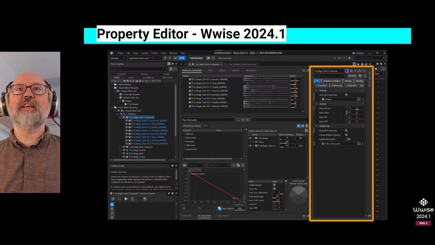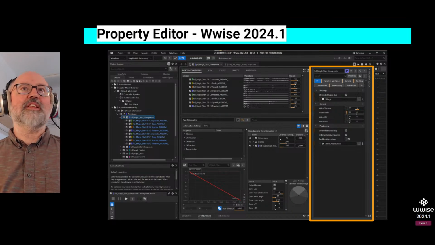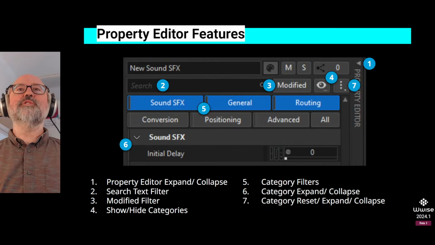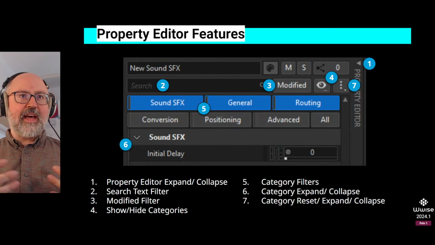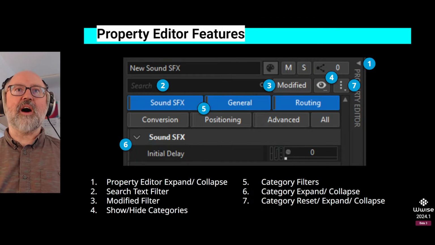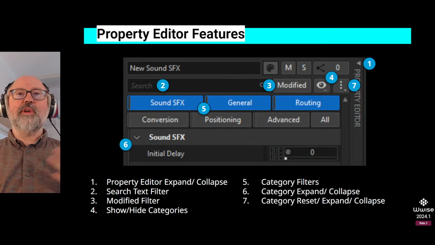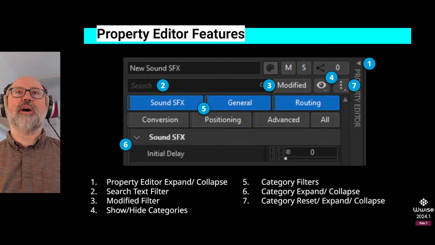So a new way to edit properties in context as part of your object tab selection, with a host of features that bring to you a modern way of reaching for properties in your project.